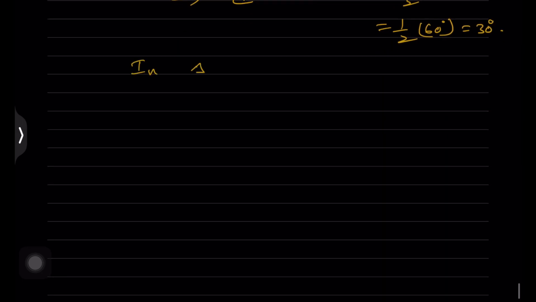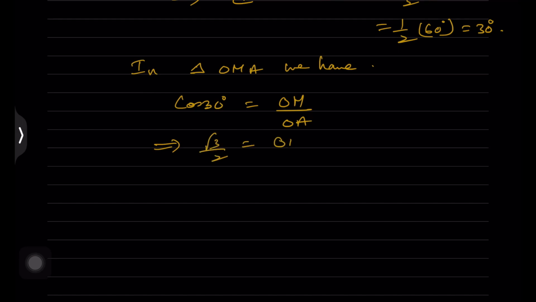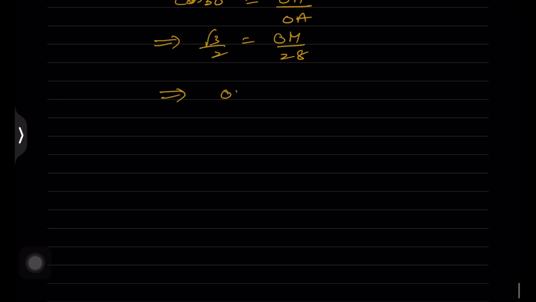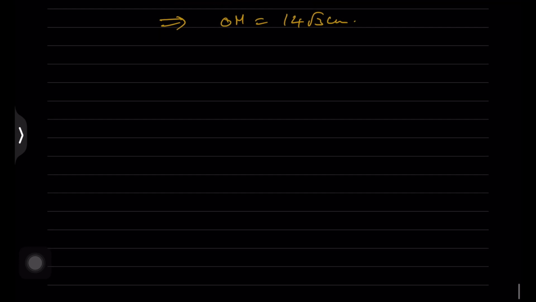So in triangle OMA we have cos 30 is equal to OM by OA, which implies that root 3 by 2 is equal to OM by 28, which implies that OM is equal to 14 root 3 centimeters.